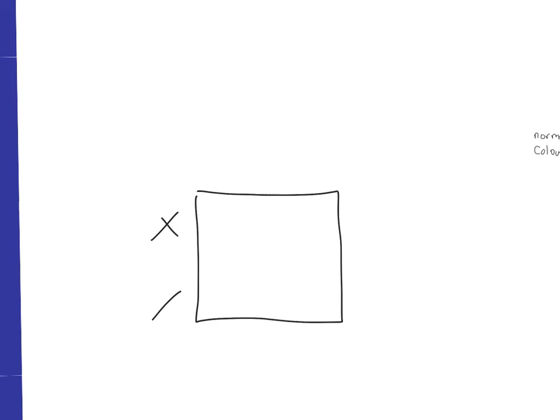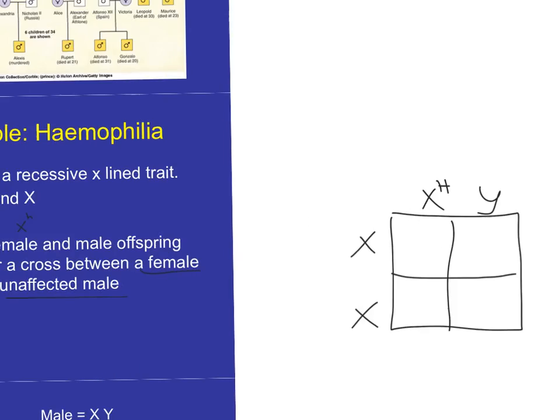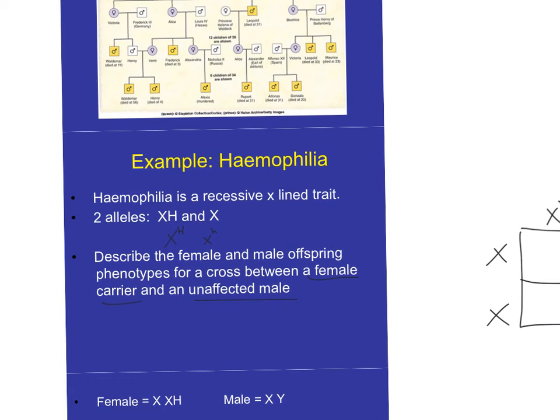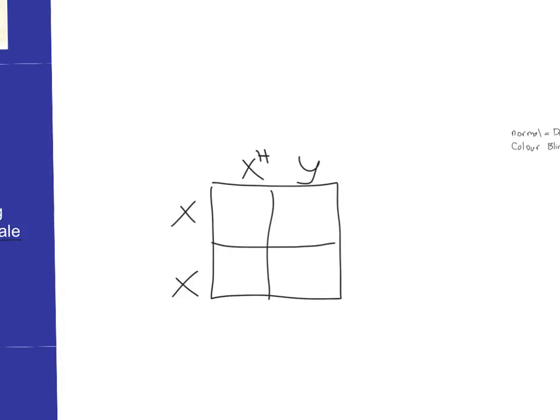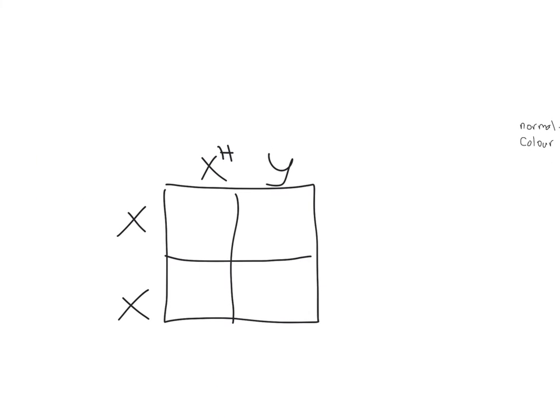Okay. So we have a female carrier and an unaffected male. The female is going to have two X chromosomes, and the male is going to have an X and a Y. It says he's unaffected, so I'm going to give him a capital H because hemophilia is recessive. Let me just double check that. Yes. And the mother is a carrier.